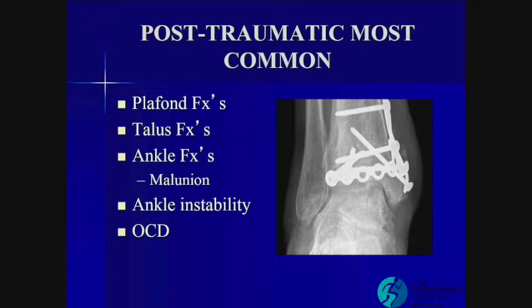So you look down this list, the so-called plafond fractures, the talus fractures, ankle fractures that we just went over, as well as ankle instability and osteochondral lesions, which have all been discussed. You look at these, these are all post-traumatic conditions that will lead to arthritis in the future.